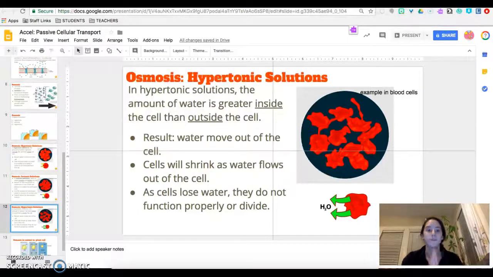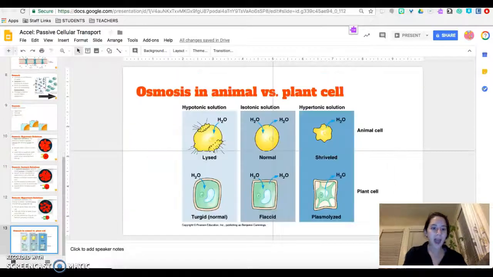So when that happens, the cell will shrink as the water keeps flowing out of it. And then when a cell loses water, it can't function properly, and then it can't divide, so more can't come from it. So this is a big deal. You don't want this to happen, neither do you want them bursting. So pretty much at all times, you always want that nice isotonic, perfect balance.